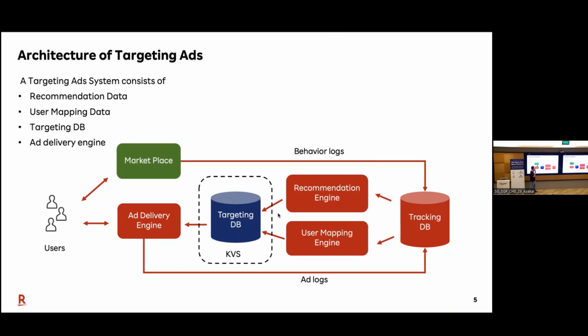By using this, we use the user mapping database to translate your cookie or your mobile ID into an internal ID, which is universal within Rakuten. With that, we have the recommendation waiting for the users. Yeah, that's the general flow of that. So it contains recommendation data, user mapping data, targeting DB, and the ad delivery engine. All those are highly scalable in different parts.